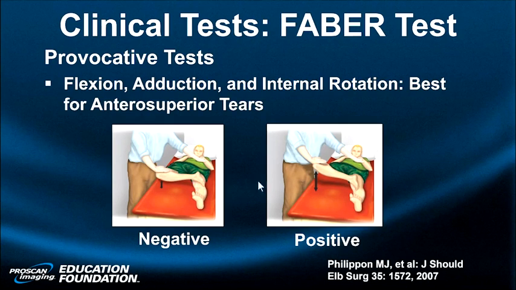Here are some of the provocative tests. People who are impingers don't like this position. This is called the flexion adduction internal rotation test, where actually this is the flexion abduction external rotation test, the FABER test. But when you cross your legs over one another, that is the internal rotation test, and impingers don't like either of them.